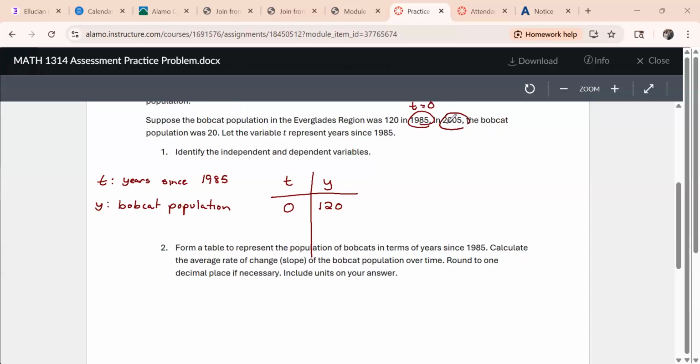That means this time here, this is 2005. So how many years is this since 1985? Well, that's 20 years. So here t is 20. And 20 years after 1985, the population itself is down to 20. Okay, so we got our numbers here. We got our chart.